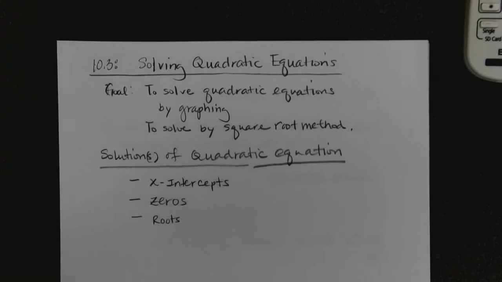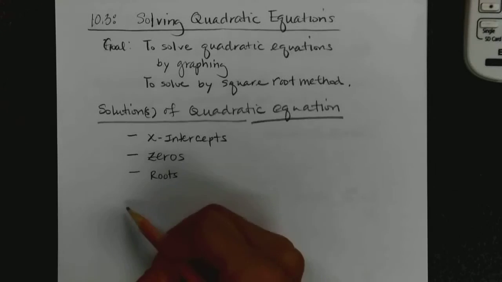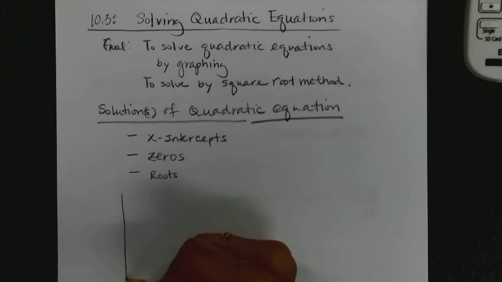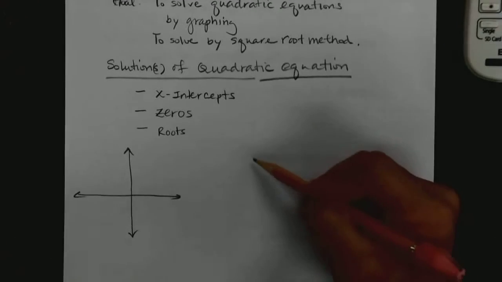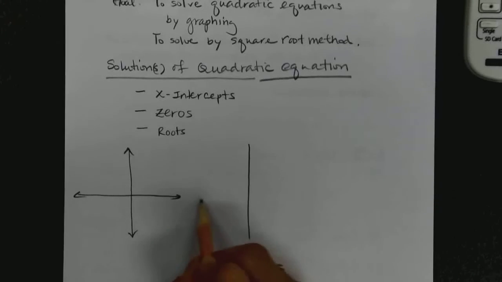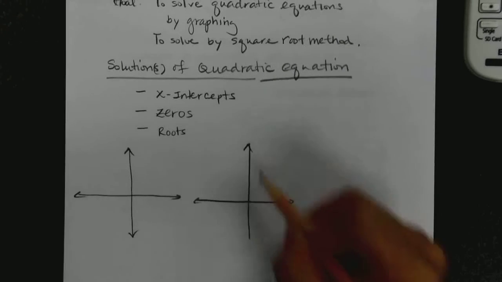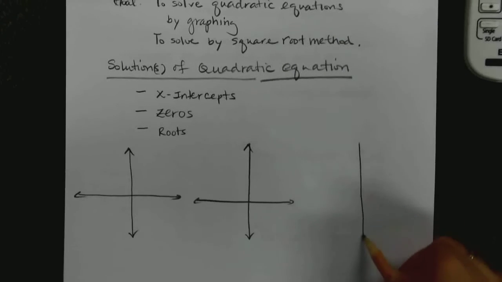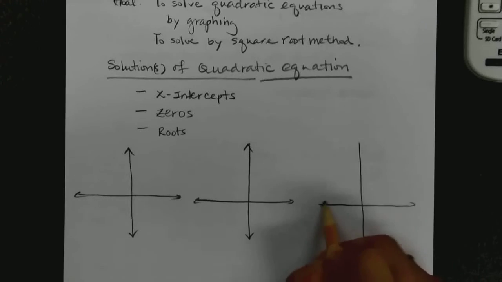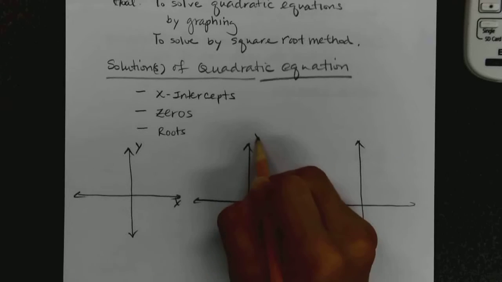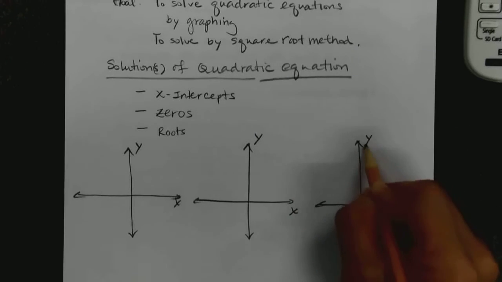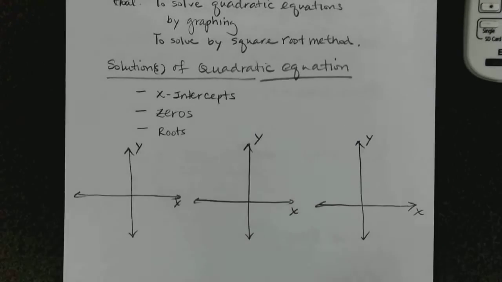Okay, but what I want you to do is draw me 3 Cartesian graphs here, please. Here's 1. Here's 2. And here's 3. So y, x, y, x, y, x.